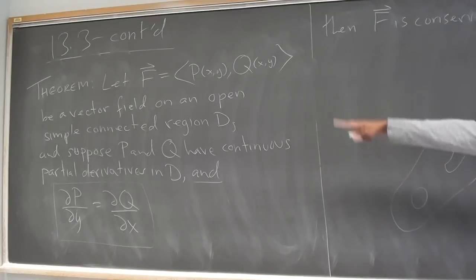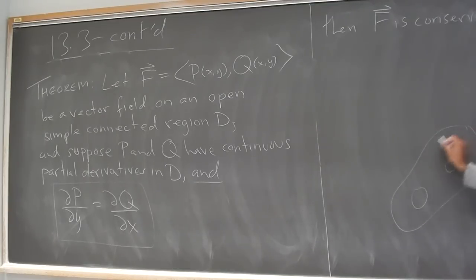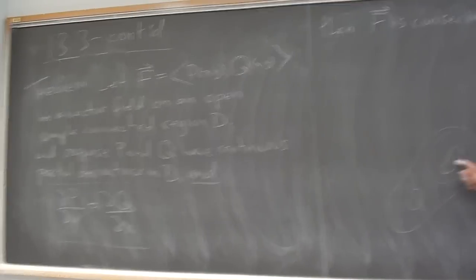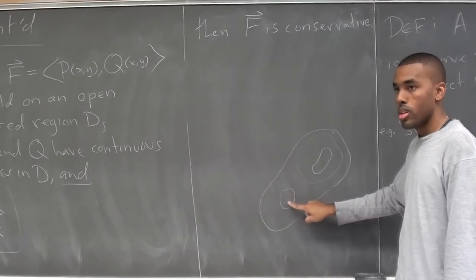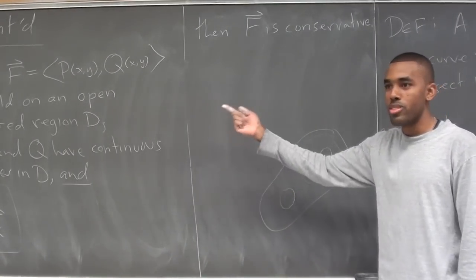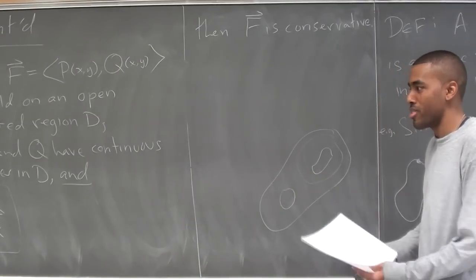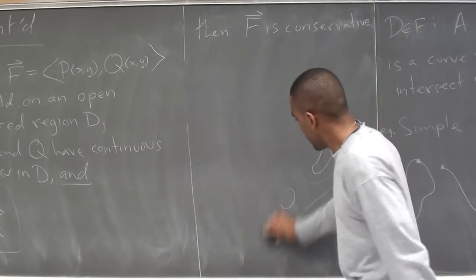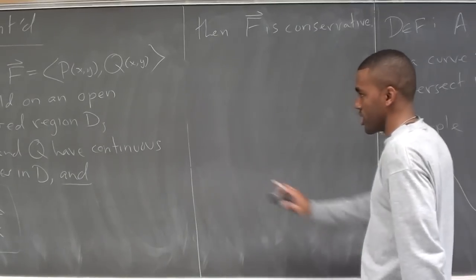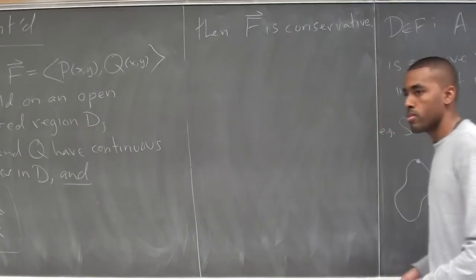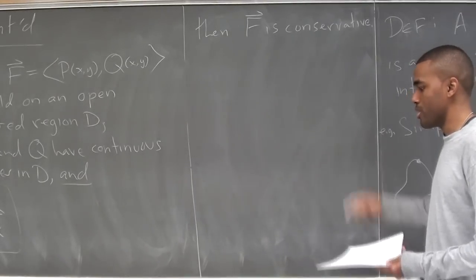You could only make claims like this in a region over here. You want to make sure that you don't go over these holes, because then your derivatives might not exist. At a hole, crazy stuff can happen. So you really want to be safe by making sure you're in this kind of situation. So you just call it a different region.